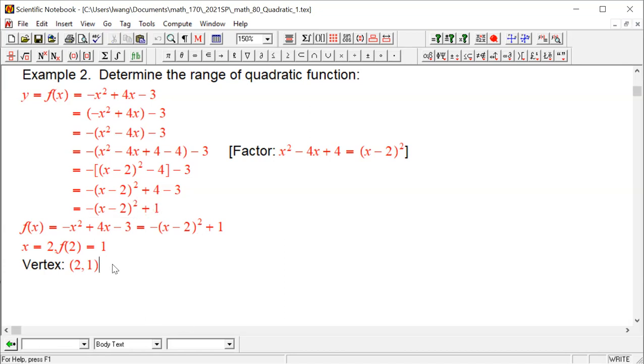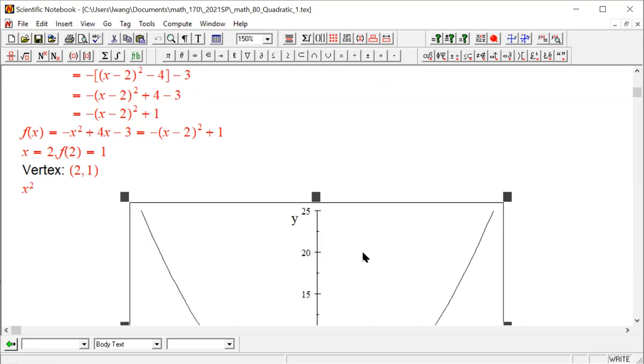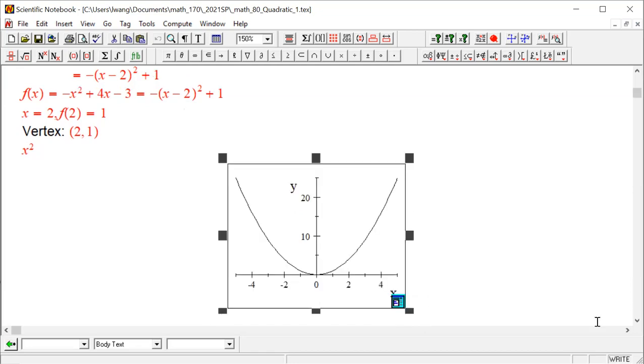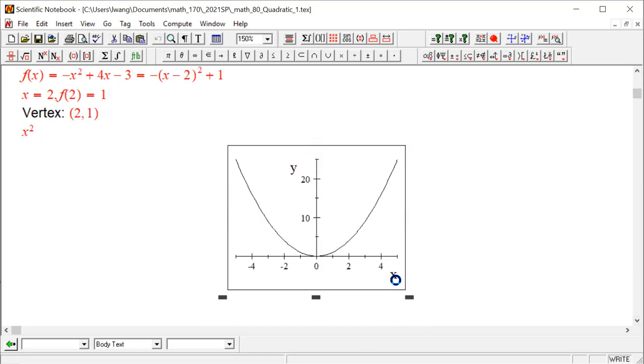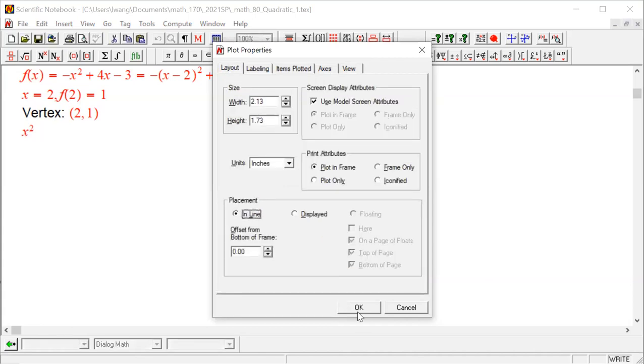Okay, we can see this well by transformation from x squared. From x squared, we have graphed this function in module 2 right here.